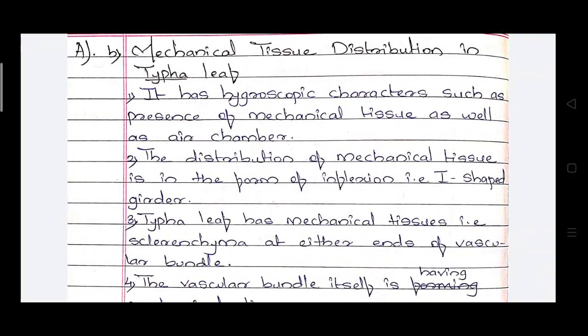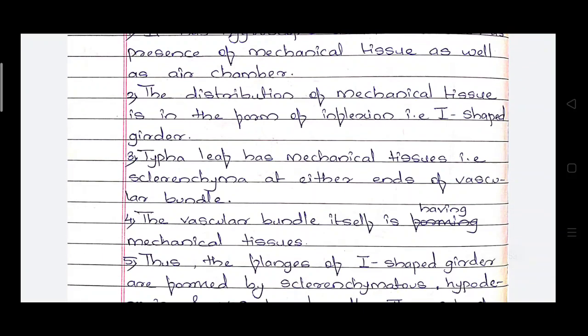So this distribution of the mechanical tissue is in the form of I-girders, that is eye-shaped girders. So this Typha leaf has mechanical tissue, that is sclerenchyma, at either end of the vascular bundles, and the vascular bundles themselves have mechanical tissue.